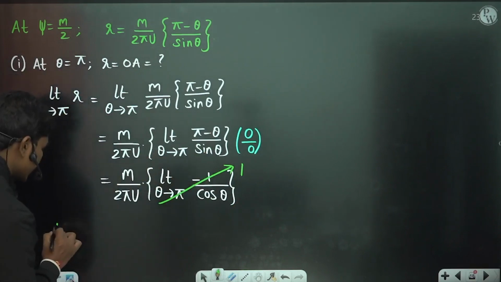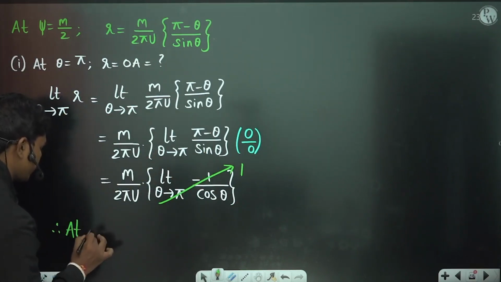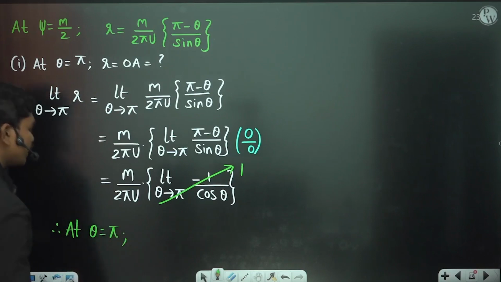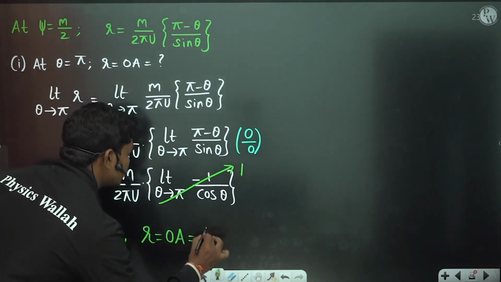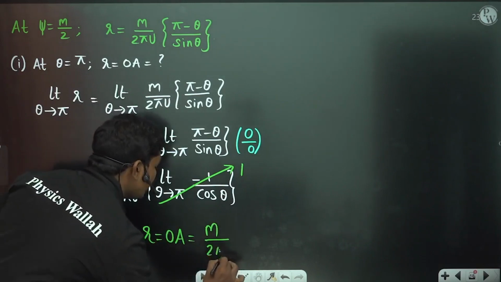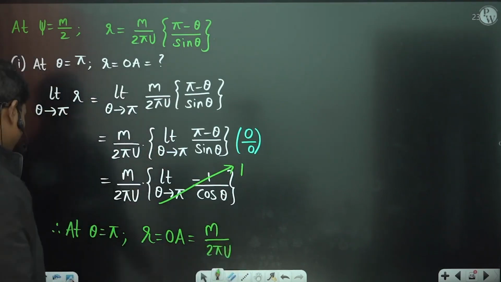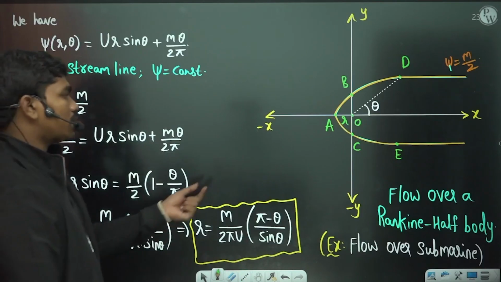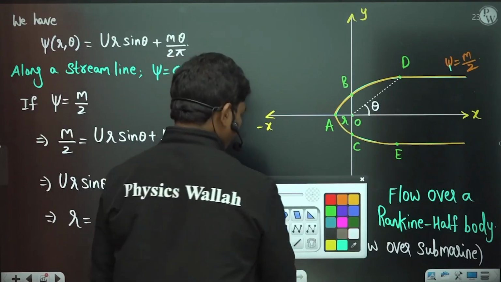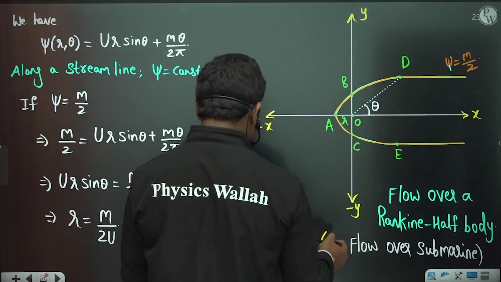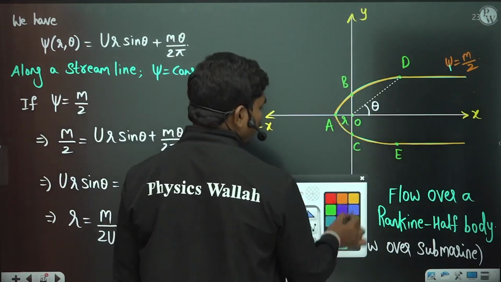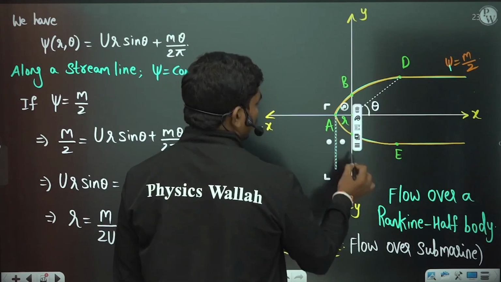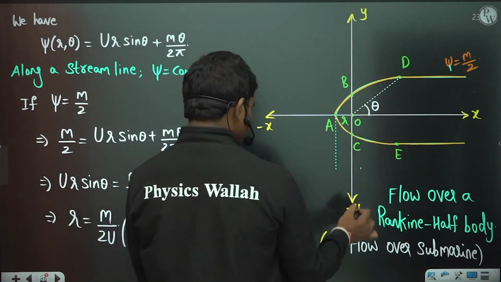Therefore, at theta equal to pi, the radius value, which is OA in this case, is m by 2 pi u. Okay, m by 2 pi u. These things are important. I think last year in CE it came, last year or previous year, I don't remember, but it came once. Okay, they can ask you all these simple things if they want.